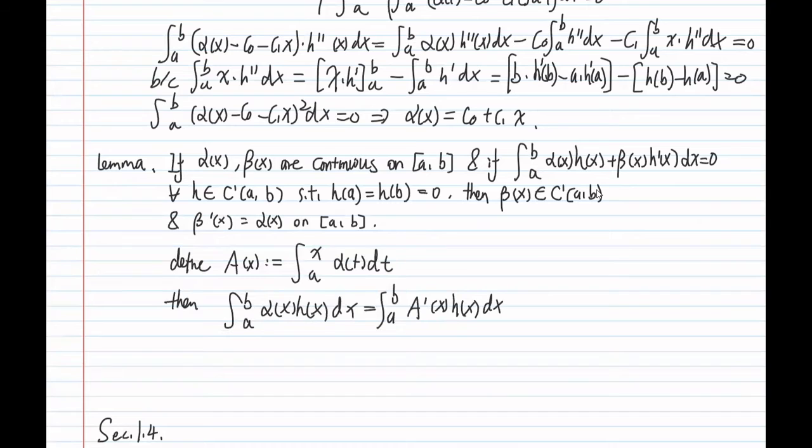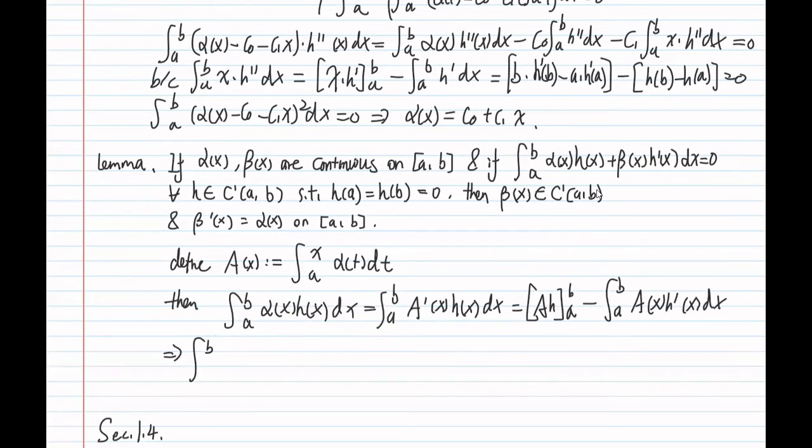And then now we use the trick of integration by parts again, right? So this would equal to the boundary value, and then subtract the integral from a to b of A x h prime x dx, right? And this boundary term is obviously 0. Why? Because the boundaries have value of 0, and then now we plug into this equation again.